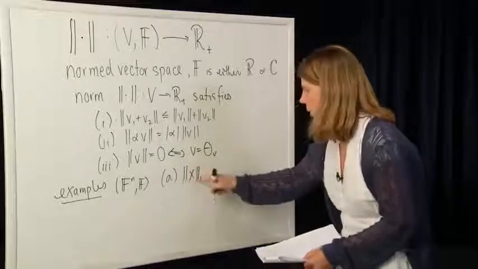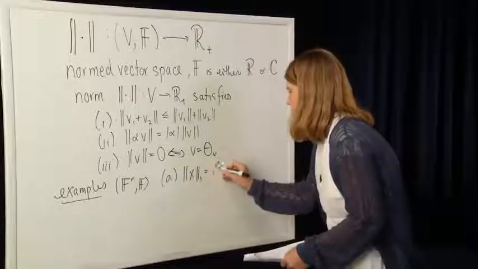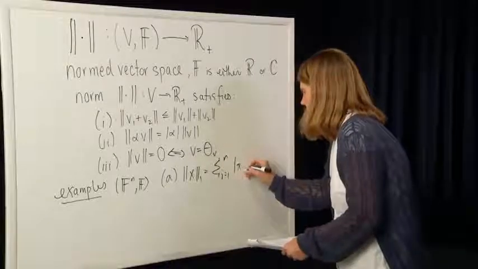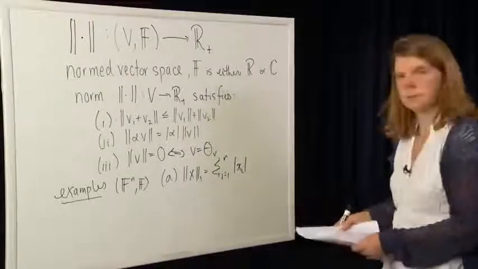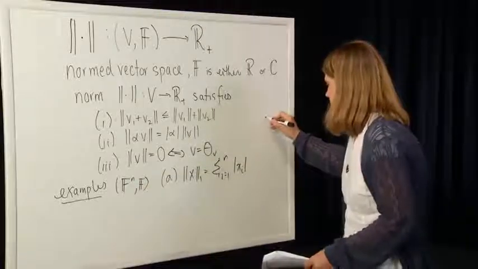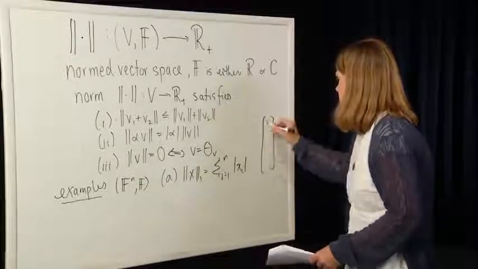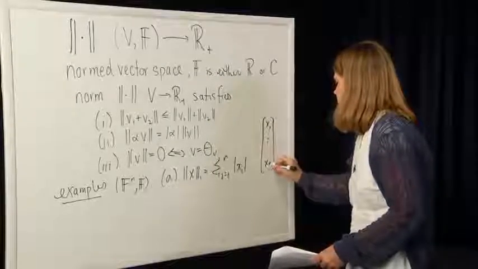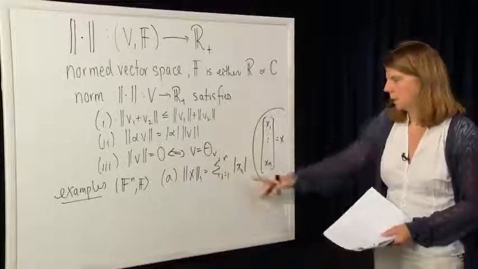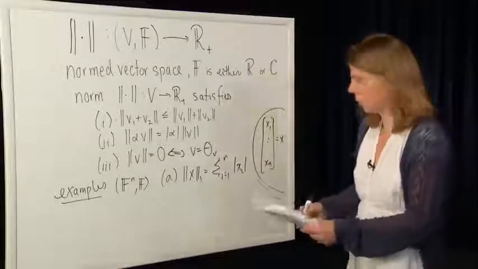So the 1 norm on a vector x is equal to the summation from i equals 1 to n of the absolute values of its components. Okay, so here x is a vector in Fn, and x is simply x1 up to xn. So it's the sum of the absolute values of its components.